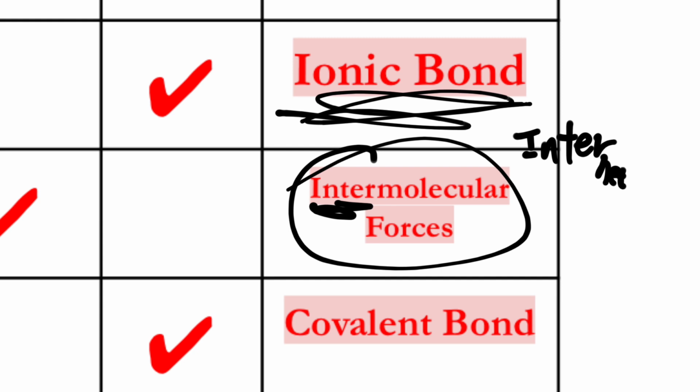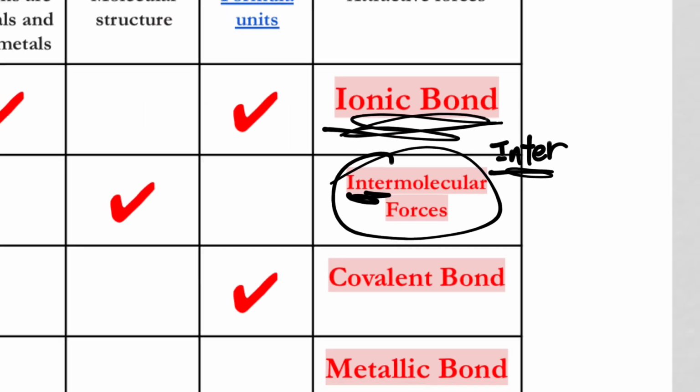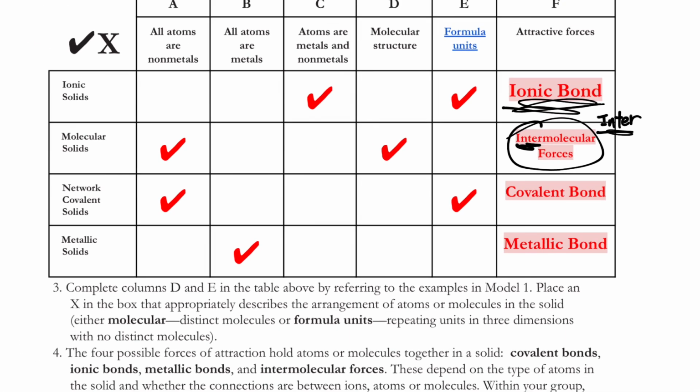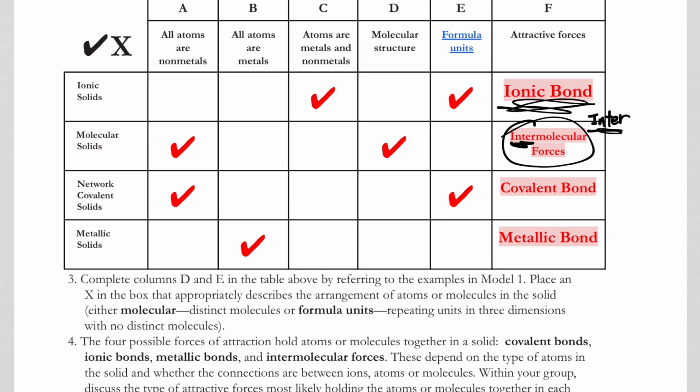So essentially, inter means between things. So intermolecular means between molecules. And that is going to be a key word that will come back later when we talk about the various solids. And obviously, between the covalent network is going to be covalent bonds. And last but not least, metallic bonds are going to be between the metallic solids.